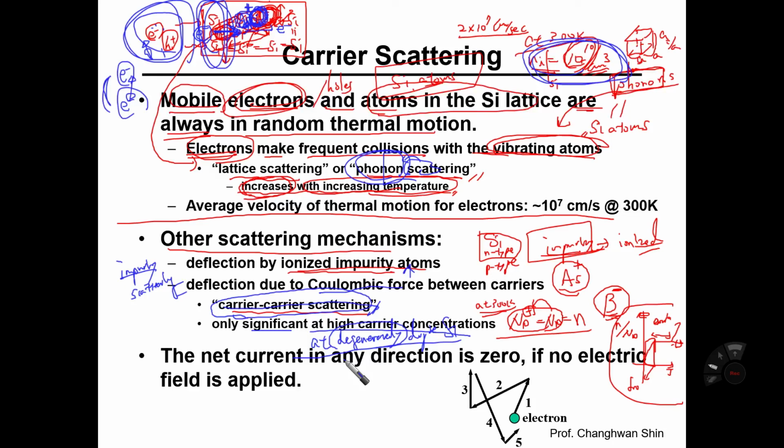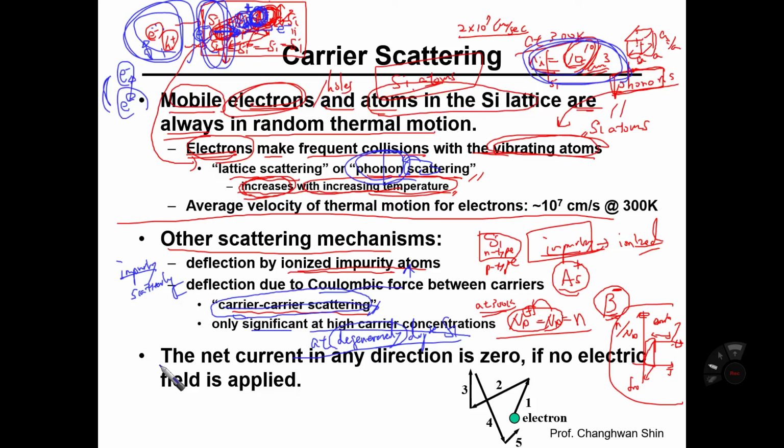Why are they huge? Because you doped the silicon material very heavily. Okay, that's all for the carrier scattering events. So in summary, there are three primary types of carrier scattering. Number one, phonon scattering. Number two, ionized impurity scattering. Number three, carrier to carrier scattering. Remember and review the three different types of carrier scattering in silicon material.